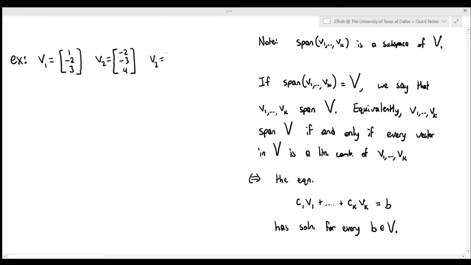Then we'll take a third vector V3, so 5, -3, 5. So with these 3 vectors, let's ask if these 3 vectors span R3.